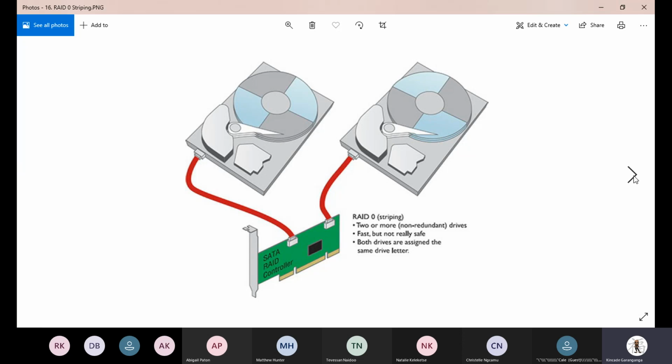RAID 1 associated with both mirroring and duplexing. And then you've got RAID 5, which is associated with distributed parity. And with this one, you are now using an extra hard drive or extra set of drives that are just used for checking. Remember, parity is a way of checking for errors. So you've got a set of drives that is used for checking.